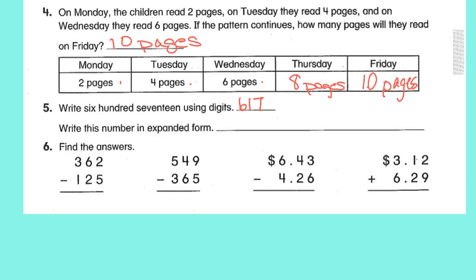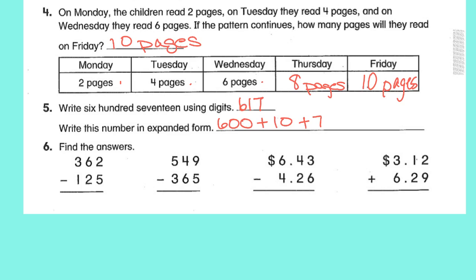Think about it. Yes, we'll write 600 for the hundreds plus 10 for the tens plus 7 for the ones. So we have 600 plus 10 plus 7 is 617 in expanded form.